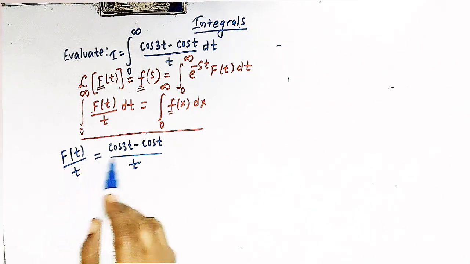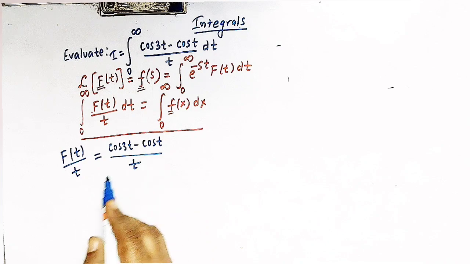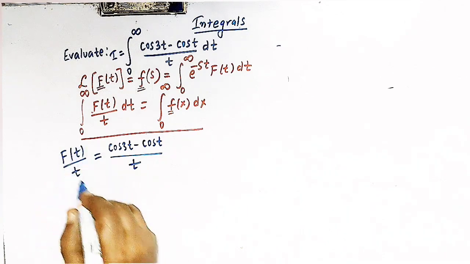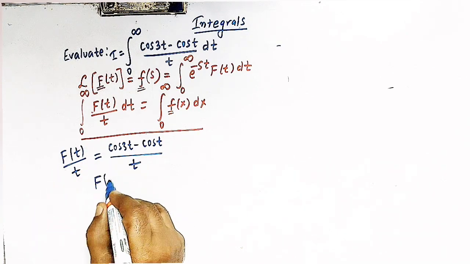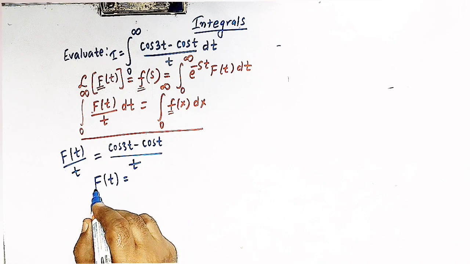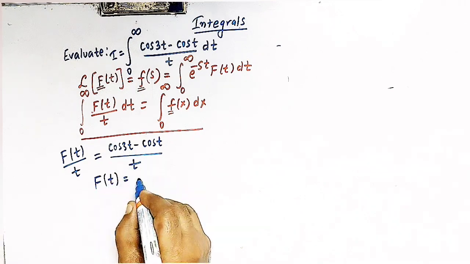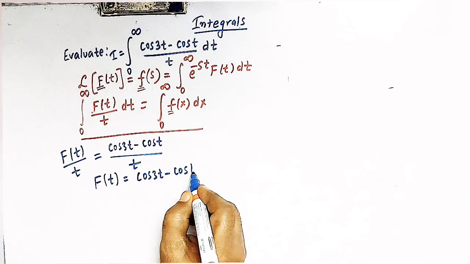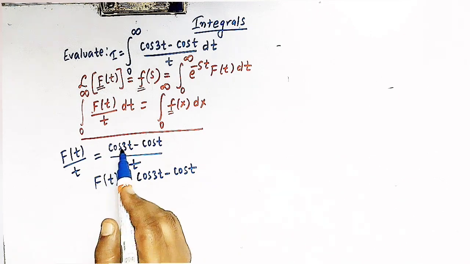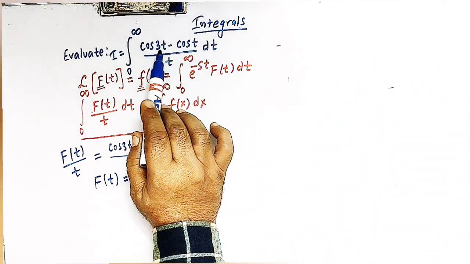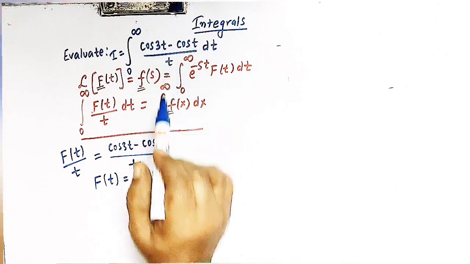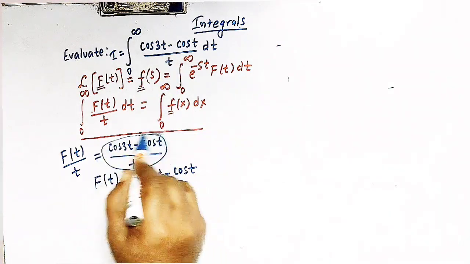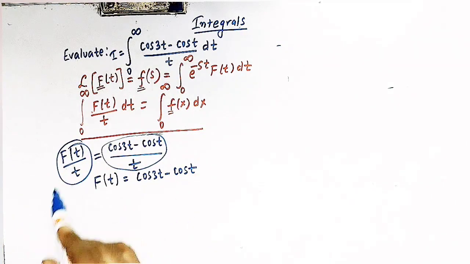If we compare these two expressions, we can easily see that the function capital F of t may be taken as cosine 3t minus cos t, so that the integrand is of the form F of t divided by t.